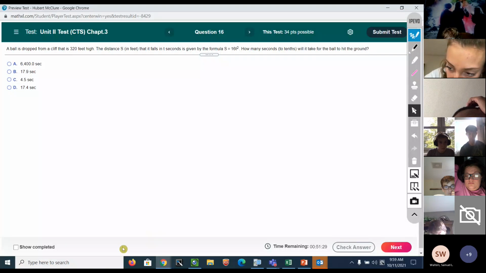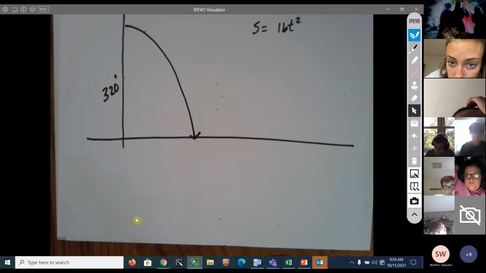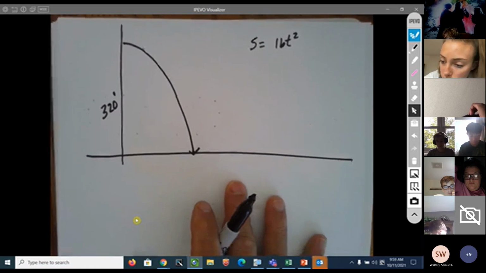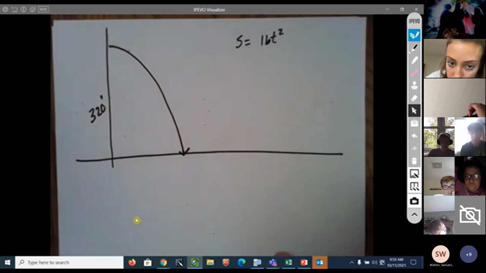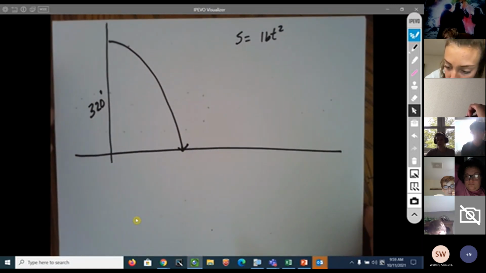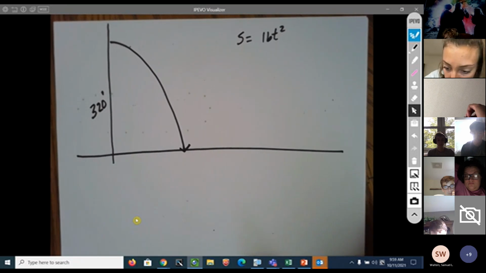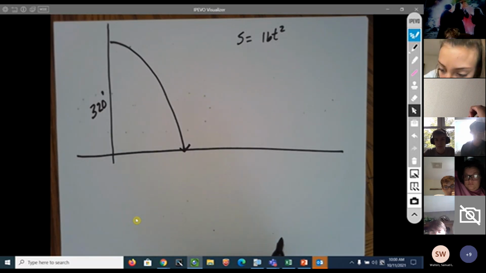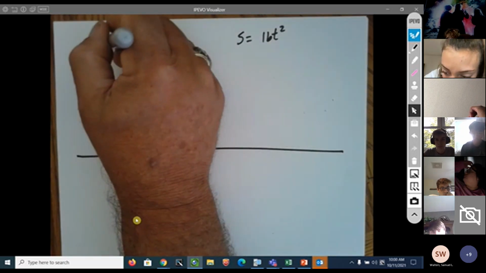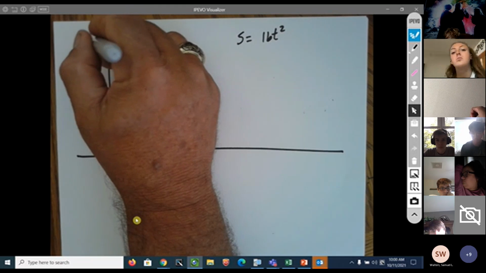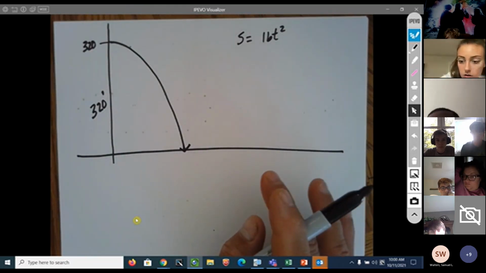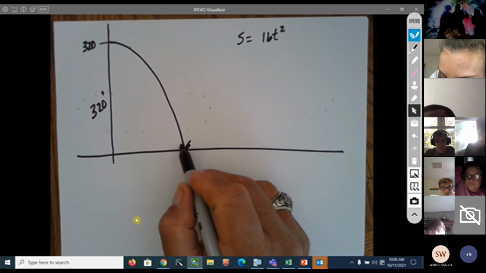I'm a little bit confused because the formula should say 16t squared plus 320 because the y-intercept is 320. I don't understand why the formula doesn't have that in it, but I'm not going to argue. They want to know this x-intercept right here.